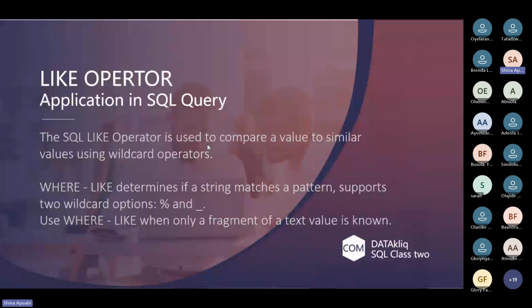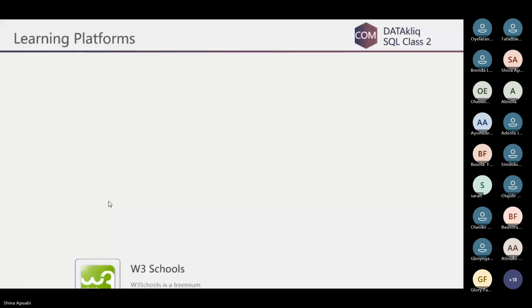Now, the SQL like operator is used to compare a value to similar values using a wildcard. Where like determines if a string matches a pattern. It's more of an investigation, and as a matter of fact, especially if you understand the nature of the data, you can use it to filter properly and streamline the filter more.